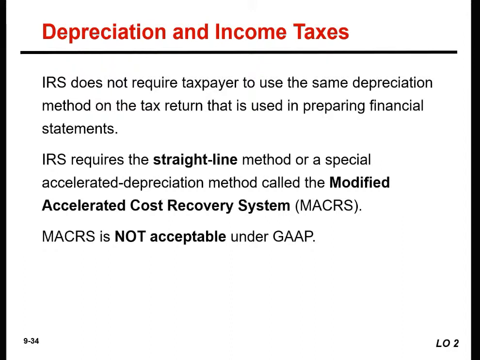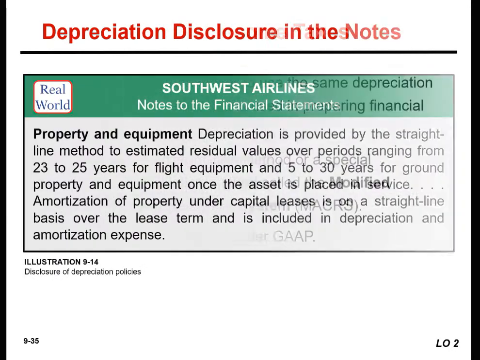MACRS is not an acceptable method under GAAP, so there may be a difference between the depreciation expense that is taken in the financial reports and the depreciation expense that is allowable under income taxes. How this is handled is a little bit complicated and something that we cover in intermediate accounting. Just so you know, we don't go into it in depth here.